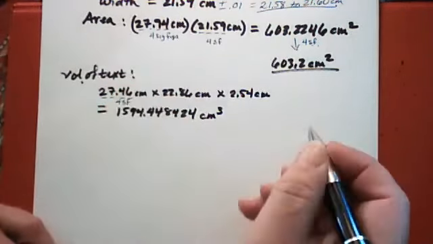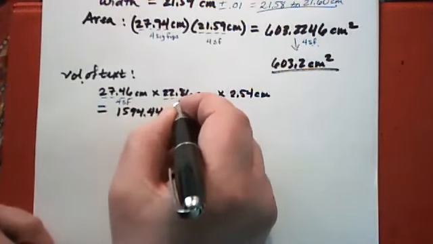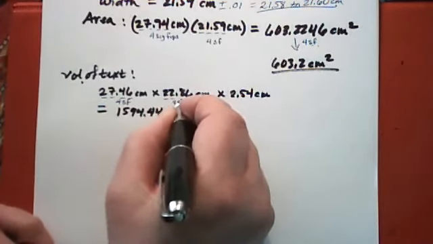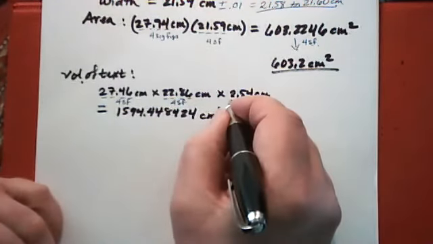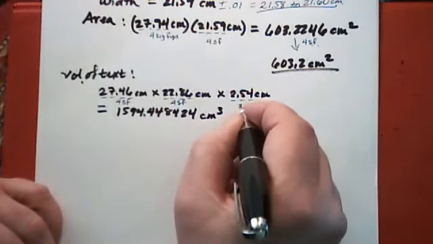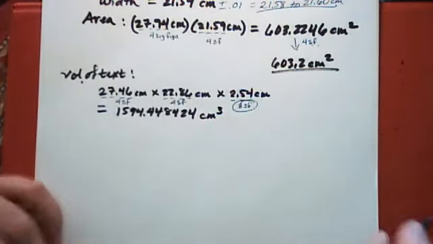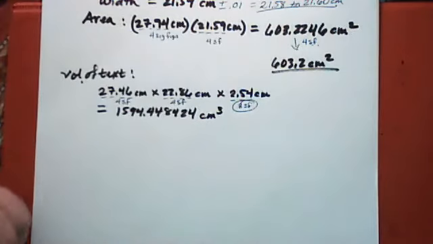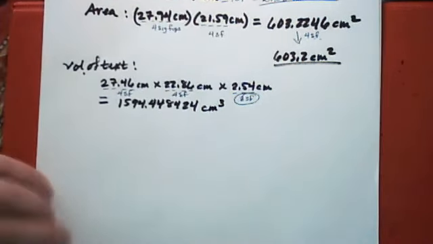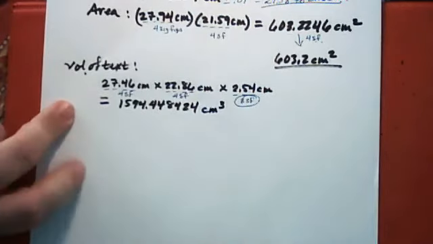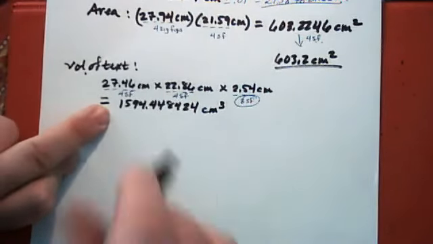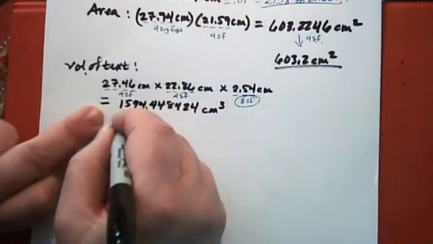27.46 is obviously 4 significant figures. 22.86 is obviously also 4 significant figures, but 2.54 is 3 significant figures. And we go with the smallest number of significant figures, so 3 it is. So 1594.44 and so on becomes 1590.